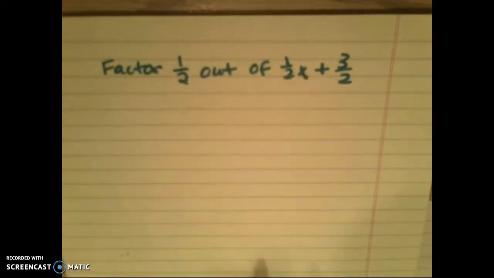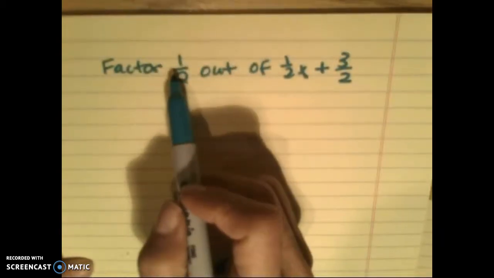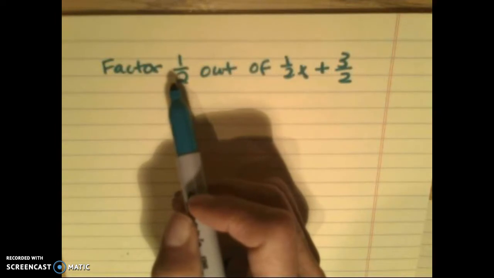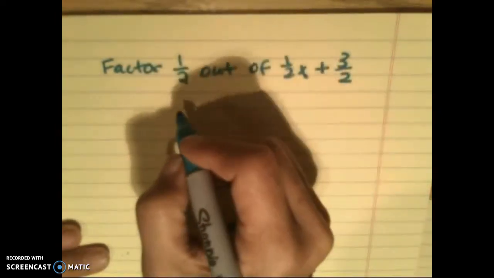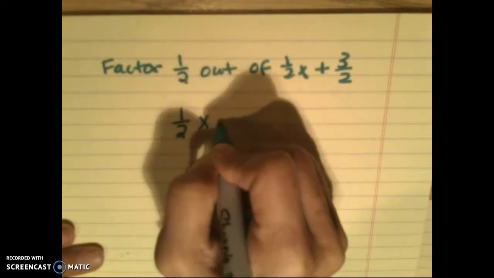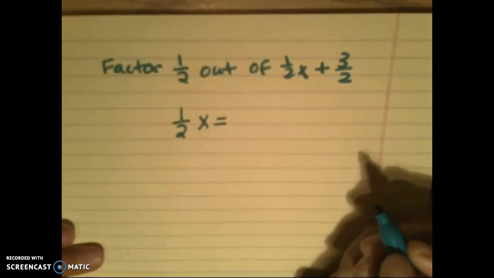If fractions confuse or complicate things for you, you know you can multiply by the reciprocal to get rid of a fraction, correct? The reciprocal of 1/2 is 2 over 1, and when you multiply them together, you get 1. So for this problem, the easiest way to approach it is, let's just take the half x. How can I simplify this? What is that telling me to do?